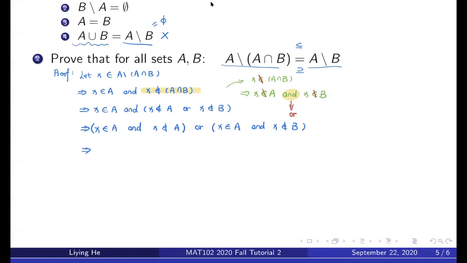The second. Okay? So this is gonna give you x is in A and x is not in B. And that's gonna give you x is in A minus B. Alright? After you get this, that means we finished the forward direction already. So we finished this direction.